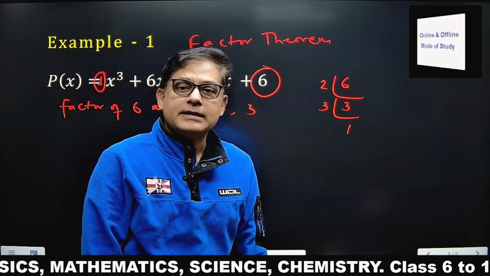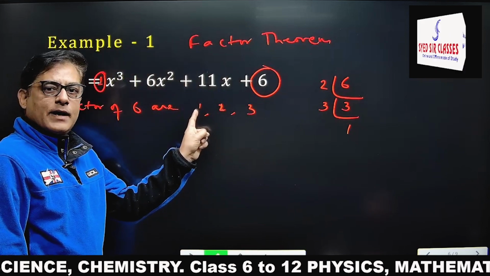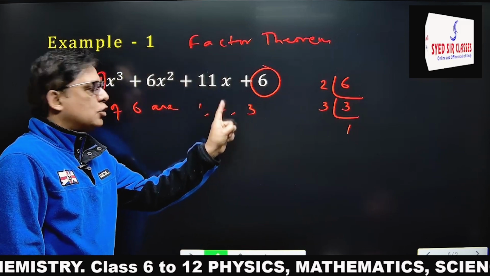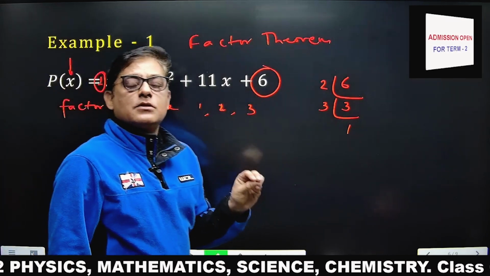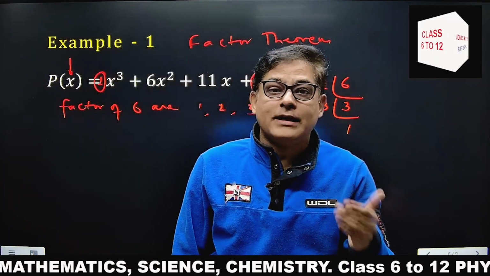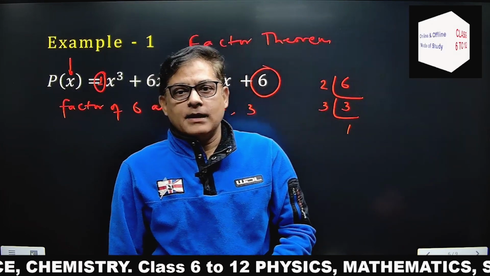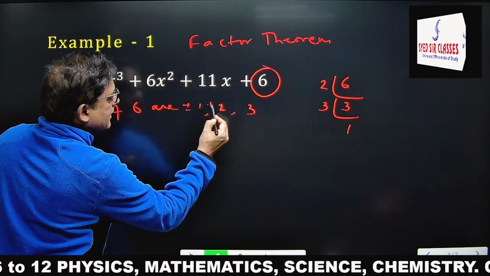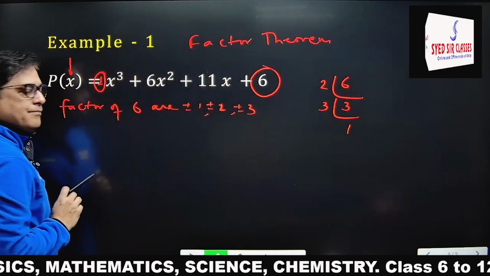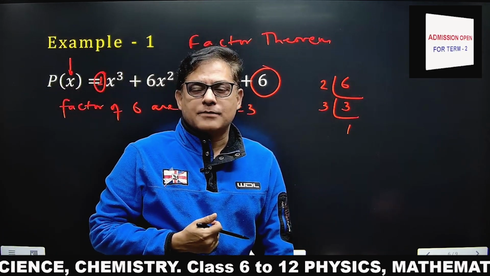In this 1, 2, 3, now I'll be putting one by one the value, this factor 1 or 2 or 3 in the given polynomial, and just note at which value this polynomial ceases. Ceases means gives us 0. So, and remember, I can put plus minus 1, plus minus 2, plus minus 3. So put one by one, start putting plus 1, minus 1.